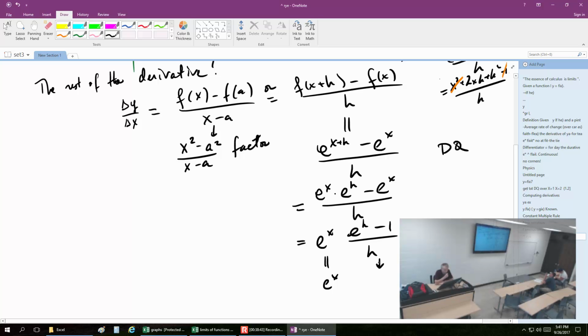Now, that's a bit tricky, but we should be able to recognize what this is. The h kind of stands in the way, but other than that, it is a familiar expression.